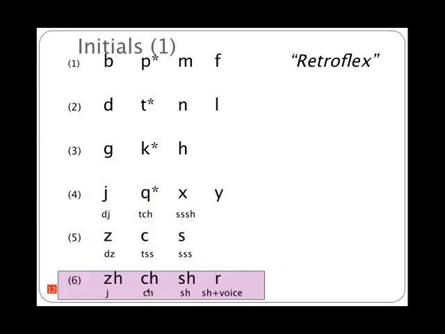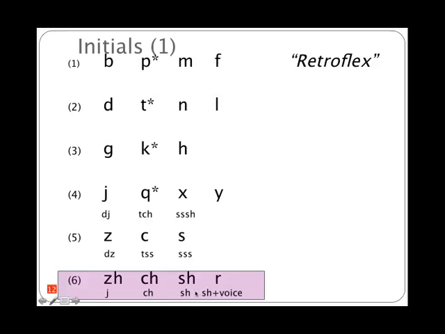All right. So the ZH sound sounds kind of like a J sound, but the tongue is curled back further. Zh. The CH sound sounds like a CH sound in English, but the tongue is curled back further. Ch. The SH sounds like SH, but the tongue is curled back further. Sh. And the R sound is one that really gives students trouble, but it's not that hard.